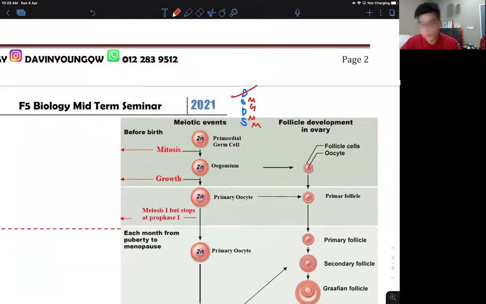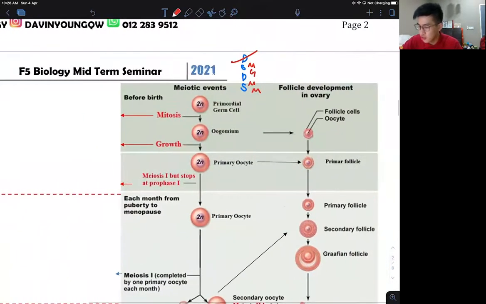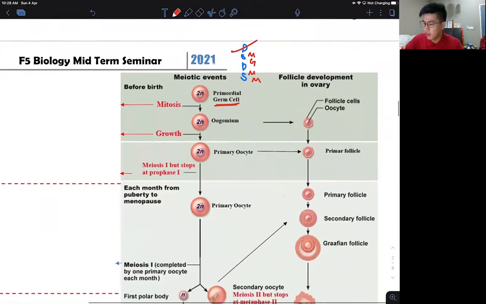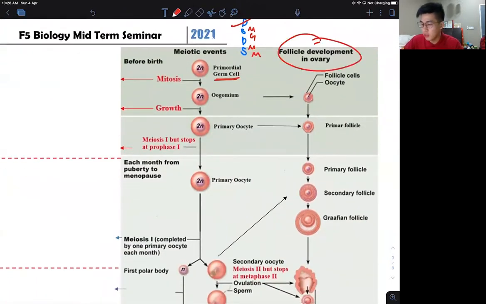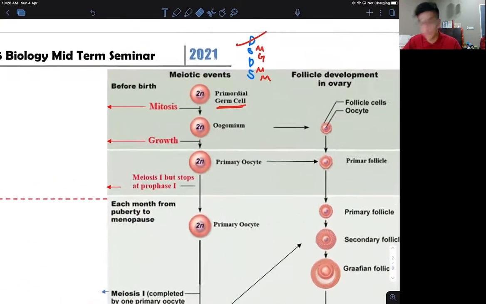So I'm going to start with P. Same thing as guys, I'm going to start off as a primordial germ cell. For the right-hand side, this follicle, we ignore first. Later I will explain what that is if you don't know. So we go through the process first.